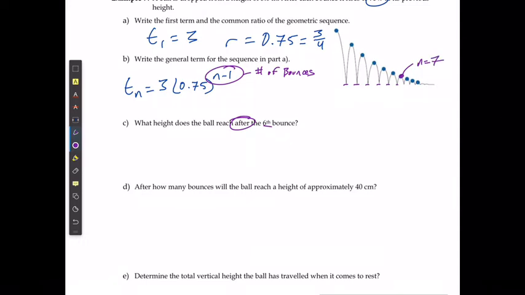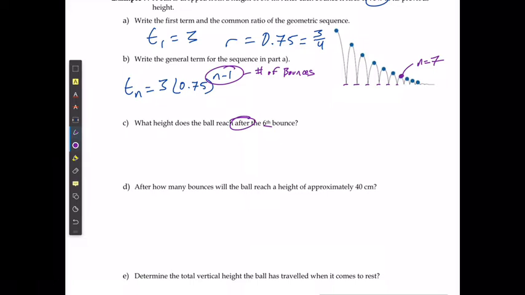The same problem happens when we're doing date problems or year problems. We need to account for, is it asking for the number of changes, or is it asking for the number of the term? So in this case, I'm actually solving for term 7.